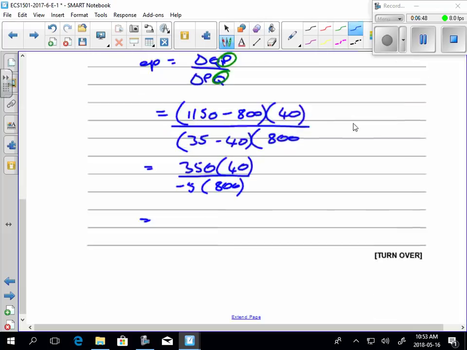Right, 350 times 40 is 14,000 divided by minus 4,000, and you should get an answer of minus 3.5. You guys get that? Any questions?